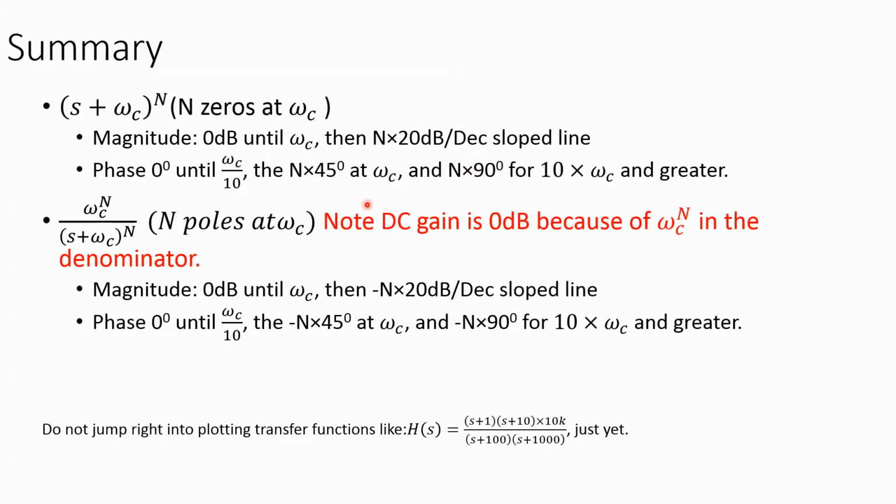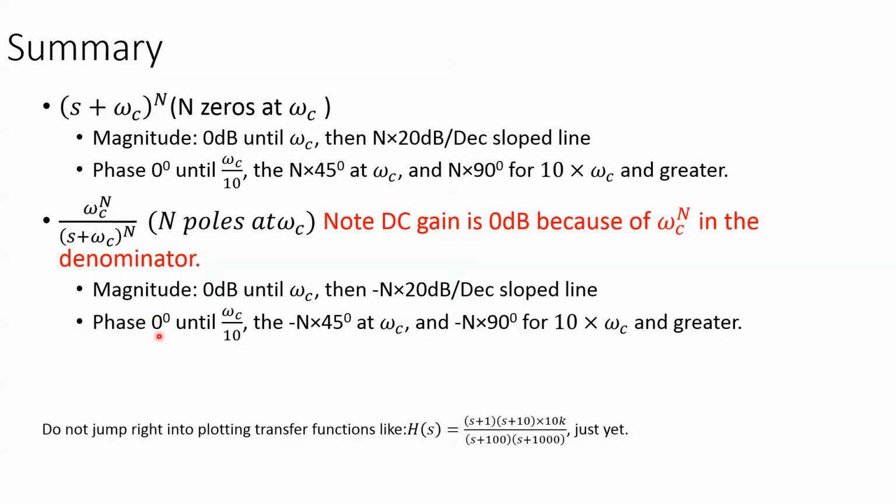All right. Now what about poles? Well, this could be a low-pass filter. We have omega c to the n, and that's kind of critical because it's not always 0 dB. If this and this don't cancel each other when s equals 0, then the gain will not be 0 dB for low frequencies. But bottom line, for this formula, it's 0 dB until the cutoff frequency, then the slope of the line is minus n times 20 dB per decade.